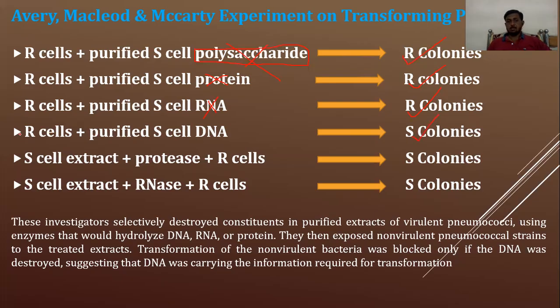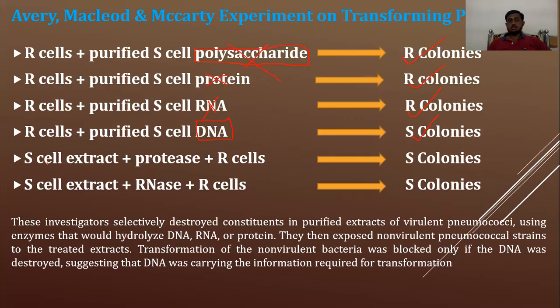Means R type of cells are transformed to S type of virulent strain. That means the non-virulent strain is transformed to S type of cells. And this is again concrete evidence proving that the DNA molecule is the molecule converting the non-pathogenic or non-virulent strain to the virulent strain.